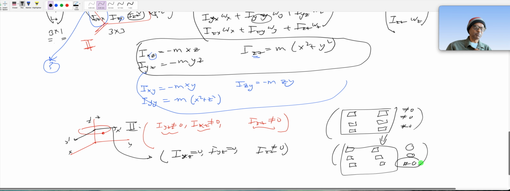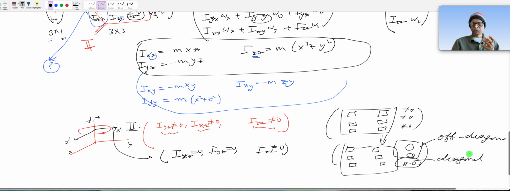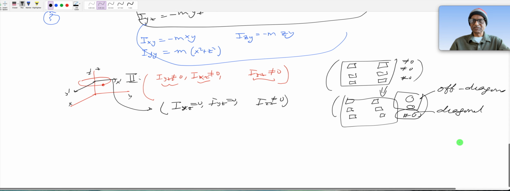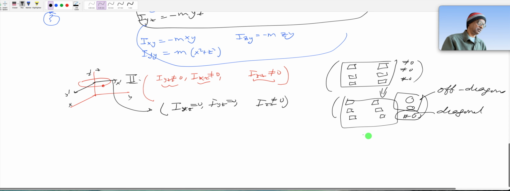This is the diagonal part, and these are off diagonal. By choosing properly, you can kill off the off diagonal parts and you're only left with the diagonal parts. And usually it's a very symmetric axis. So they are called principal axes.